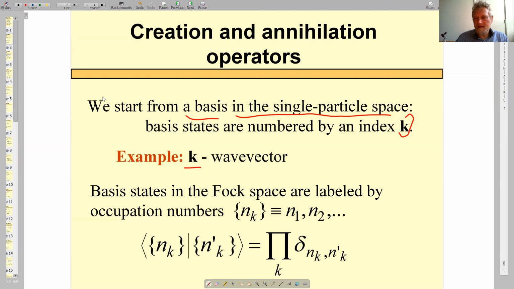So it is a wave function which is labeled by a long row of occupation numbers. For all levels which are there in the system, we define an occupation number. And this long row of integer numbers will give one of the basis states of the Fock space.